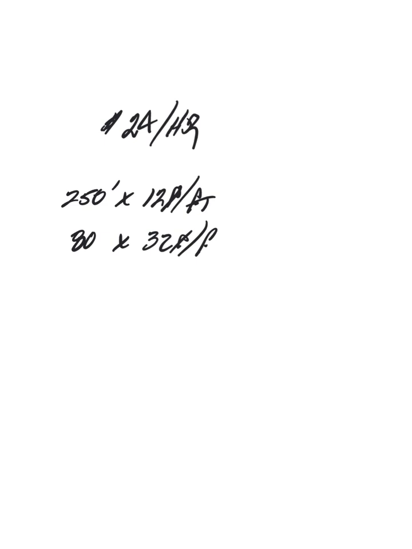But like for number 17, they need 250 feet of pipe at 12 cents per foot. So we multiply those two to find out how much 250 feet is. We've got 80 feet of copper pipe at 32 cents per foot. So you multiply those two.